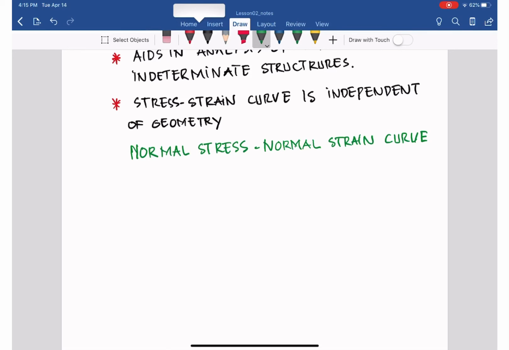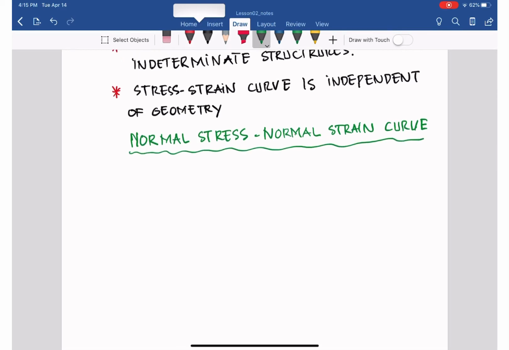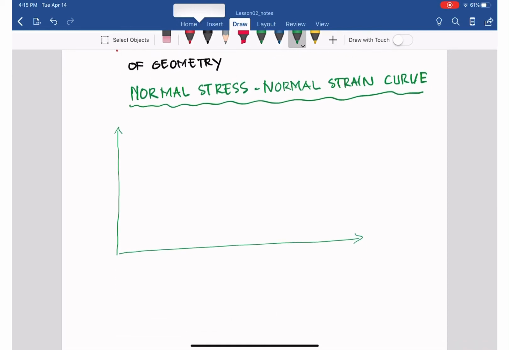So for the curve, let's draw it for a generic material, which has a unique normal stress and normal strain. Normal stress we put on the vertical axis, in units such as ksi or pascal. And the horizontal axis will be epsilon, which in customary units is inch over inch.